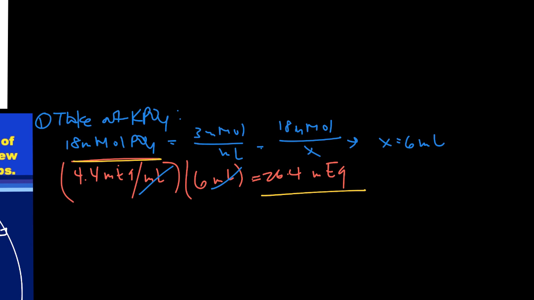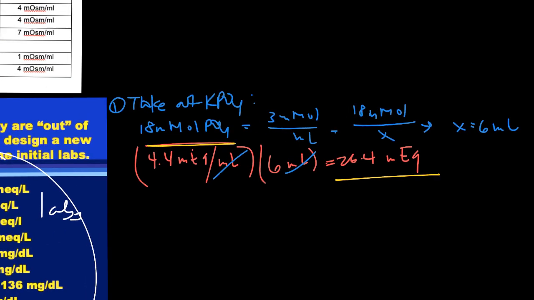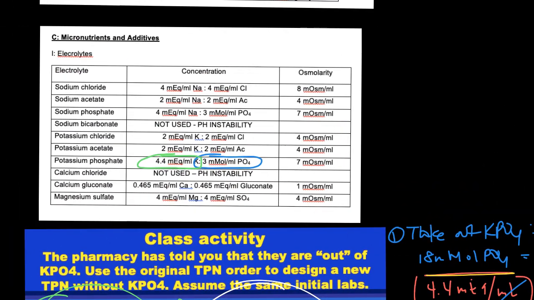So now let's add phosphate back first. You're going to add the phosphate back as sodium phosphate, because that's your other formulation of phosphate.